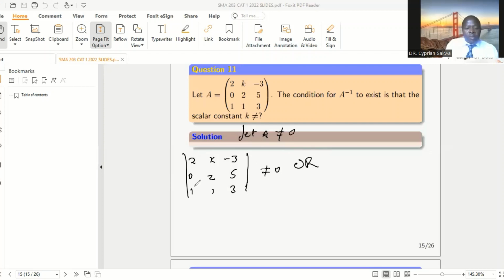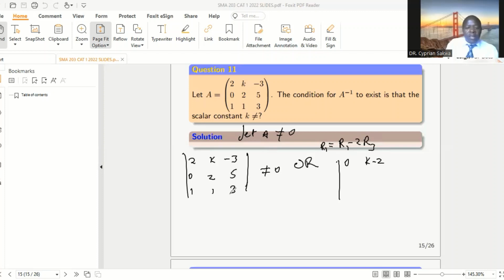So I want to take row 1 and get the new row 1 by taking the current row 1 minus 2 row 3. What does that give me? If I multiply this by 2 and subtract from that, I have a 0. If I multiply this by 2 and subtract from that, I have k minus 2.